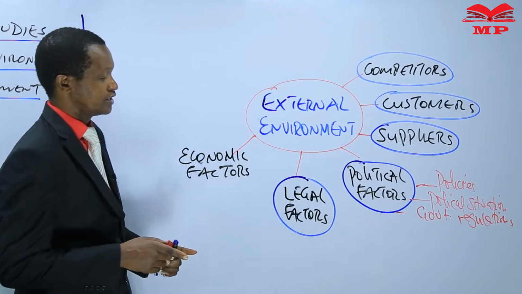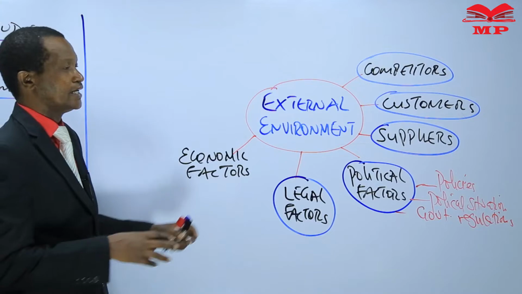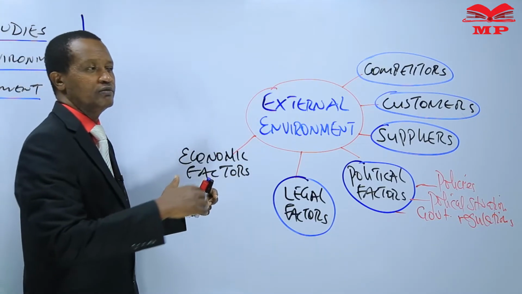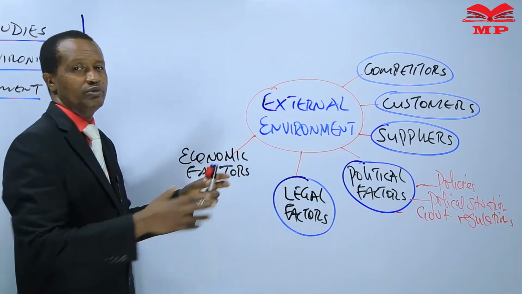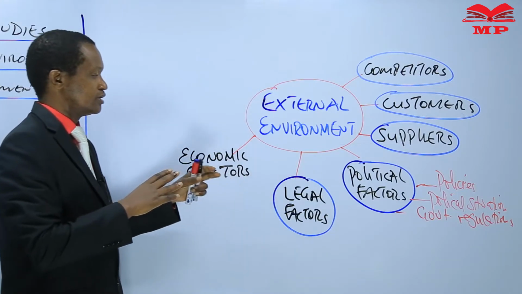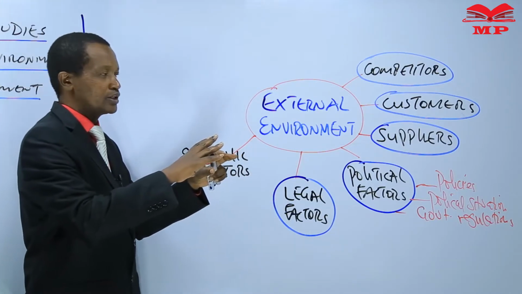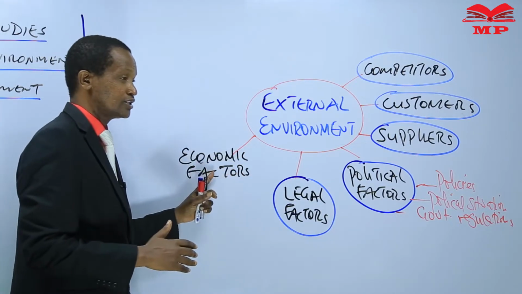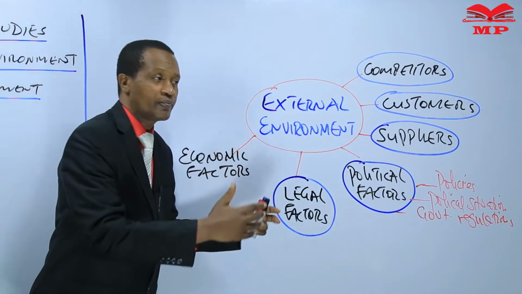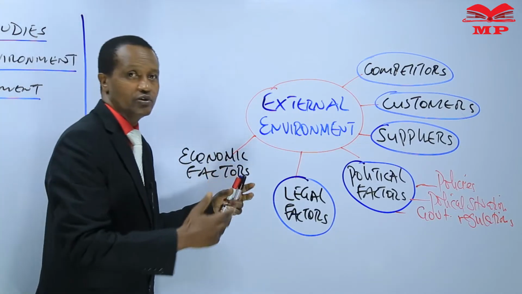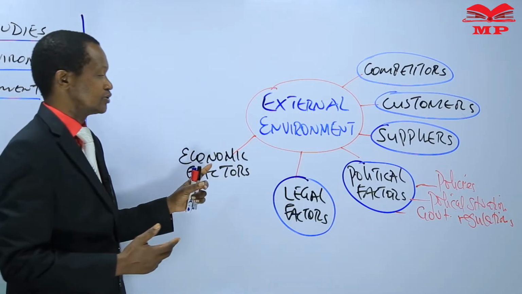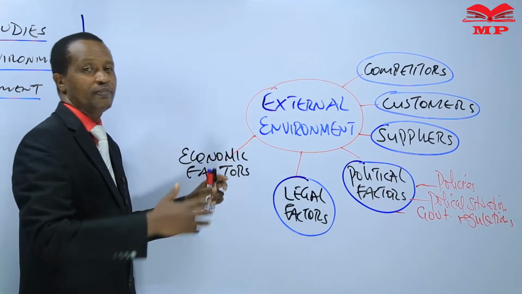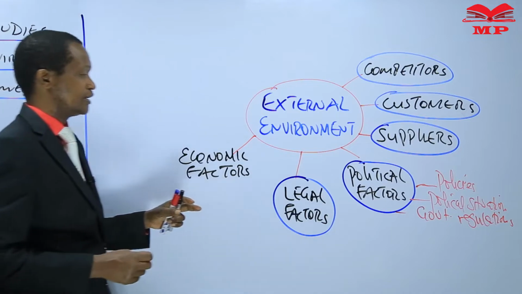Learners, again, the government on a national level may build roads, railway lines, communication systems. That is now looking at the economy in general or at a national level. When the government does that, then that will have a positive effect on business activities. So when you are running a business, it's important to look at the general economic environment.